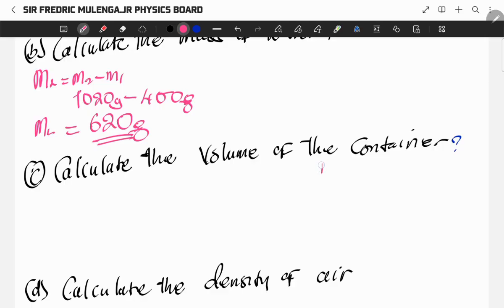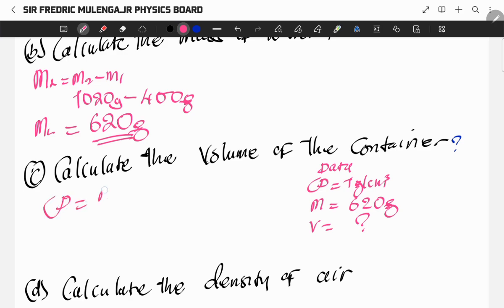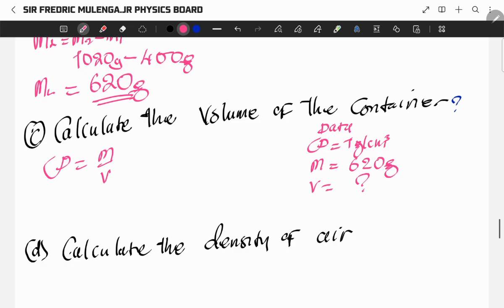So data collection. The density of liquid has been given to be 1 gram per centimeter cubic. Then the mass we've calculated as 620 grams. Then volume we don't know. If you want, you can make volume the subject of the formula, but you can also just substitute.